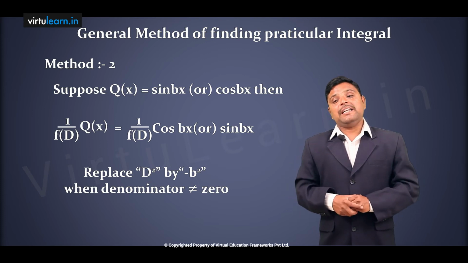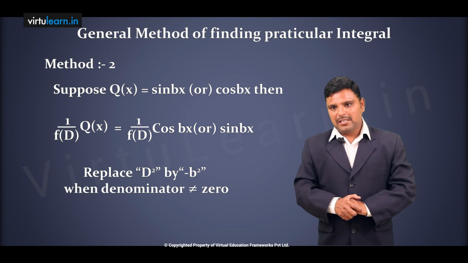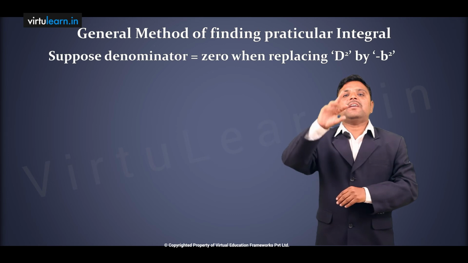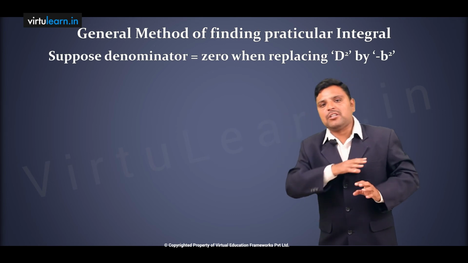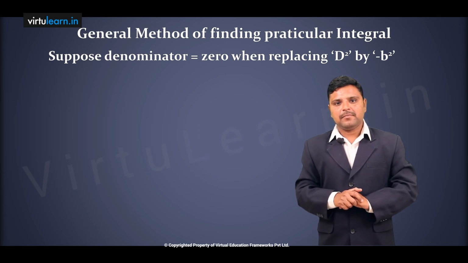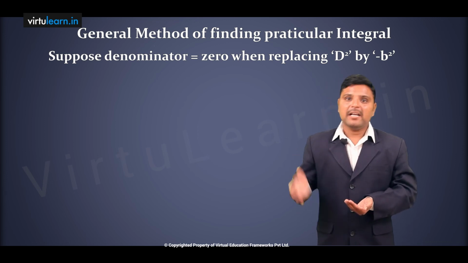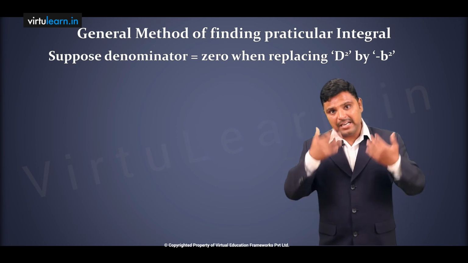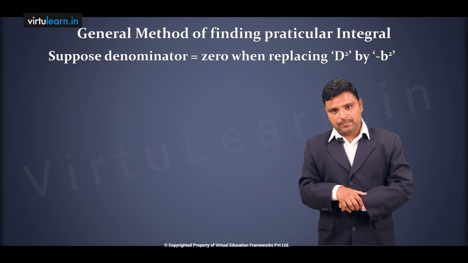Here also, when the denominator part is not 0, this method is applicable. If the denominator part equal to 0, then we can use two important formulas, with which we can solve the problem very easily. When replacing d square by minus b square, if the denominator part is not 0, you continue the procedure. If it is 0, then go for the two important formulas.